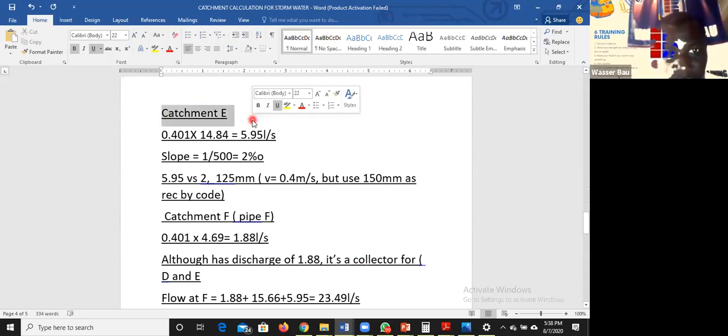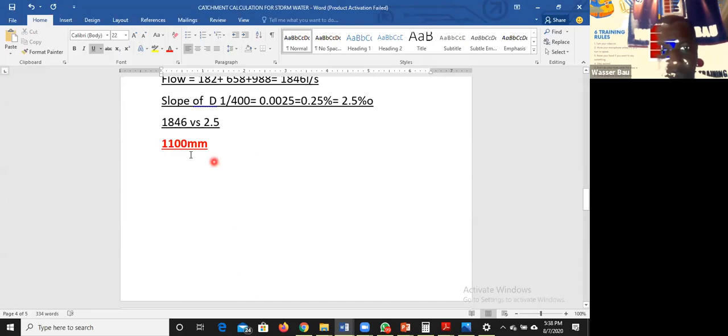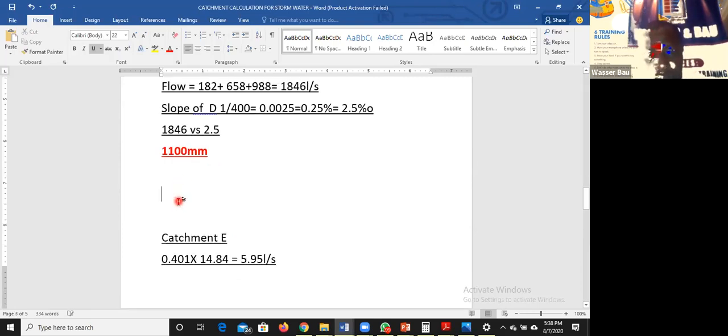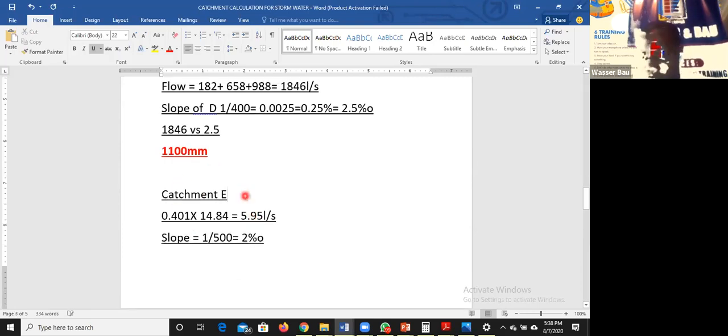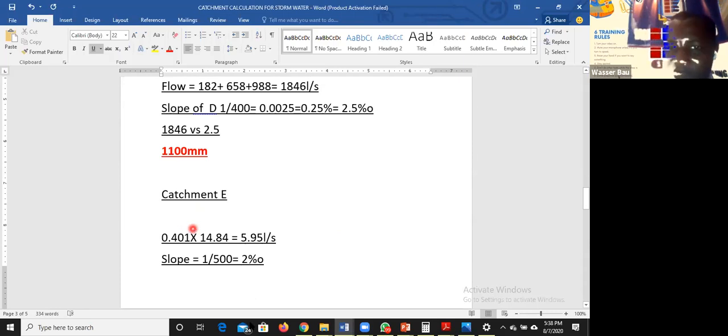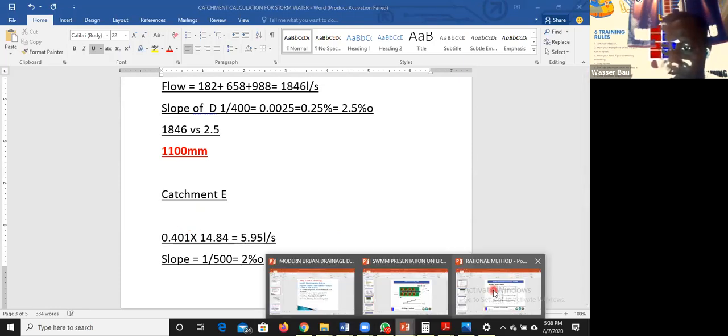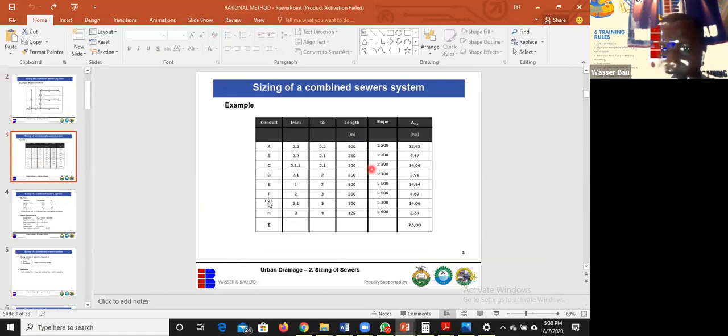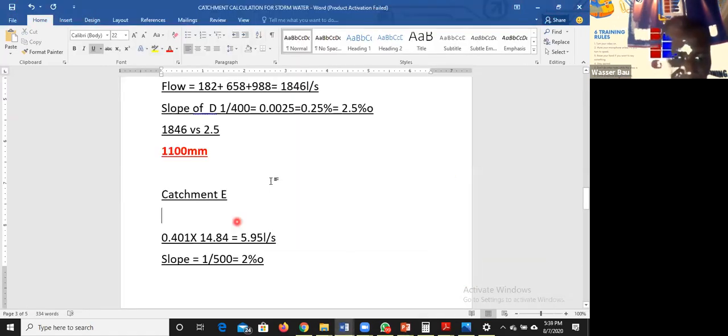Okay. So we're on catchment E now. So catchment E will still be the same. What's the area of catchment E? The area of catchment E is 14.84 hectares. So the area equals 14.84. Okay.